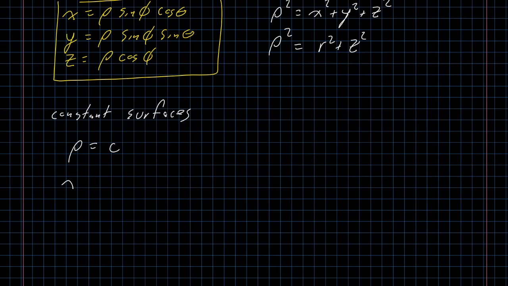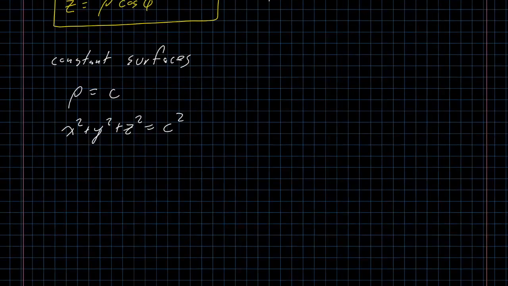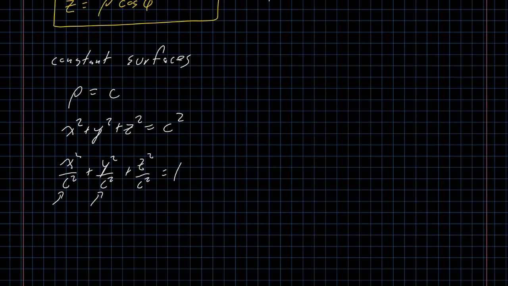So that's the same thing as saying x squared plus y squared plus z squared is equal to that constant squared. We have here an ellipsoid, specifically the ellipsoid where the extents in x, y, and z are all the same.